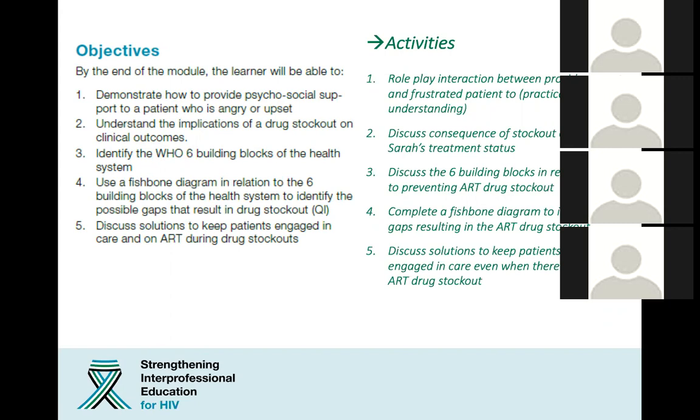The activity is to provide the participants with this scenario and give them an introduction to communication, and then ask them to role play in pairs, one playing the frustrated patient and the other the healthcare provider, and feel what it is to be in that position, both from the patient's side and from the healthcare provider's side. And then there will be a feedback session as well to see how those interactions went.